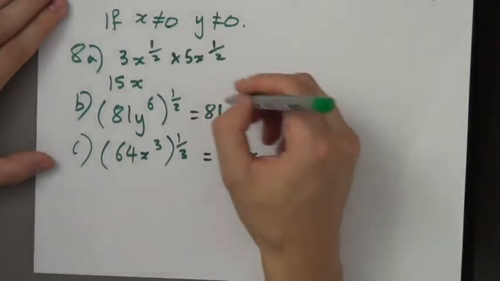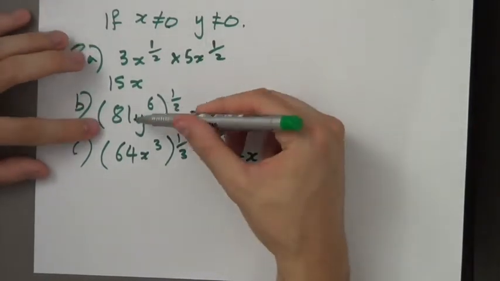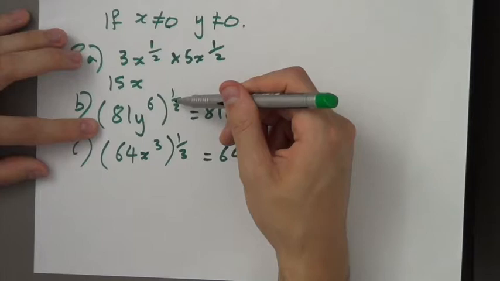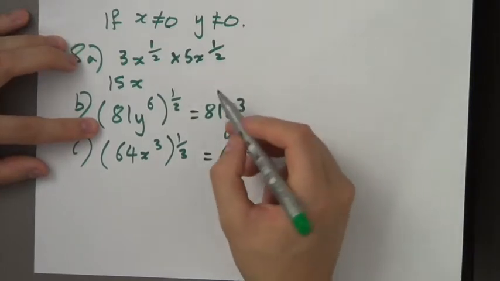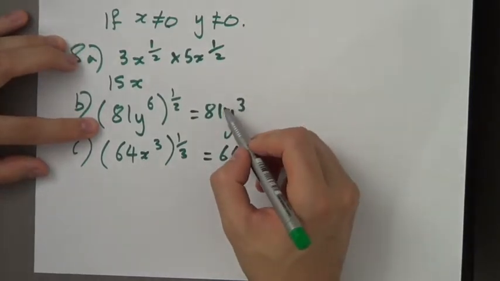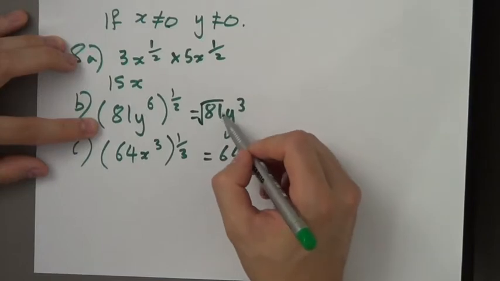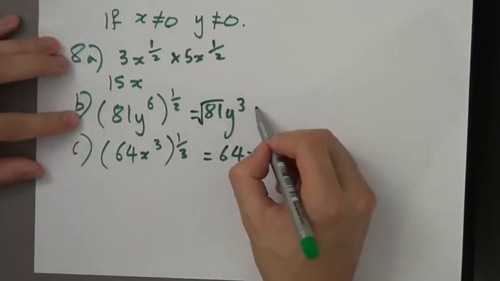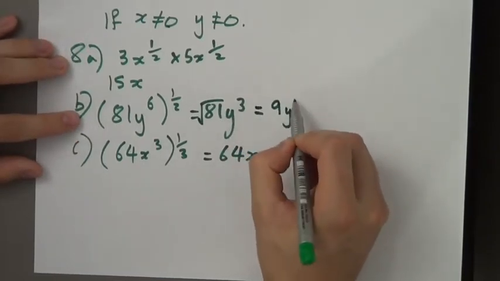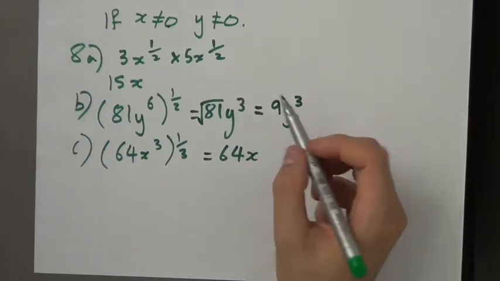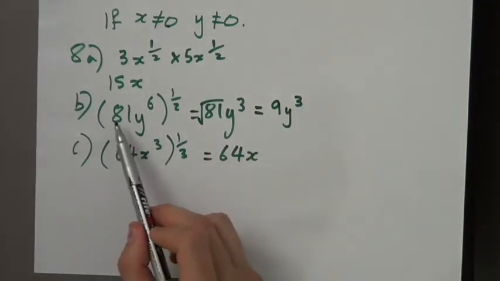My mistake. First of all, 81 needs to be square rooted. Okay, because you've got half. Basically this is correct, and this should be like that. Yes, I completely forgot about this 81.